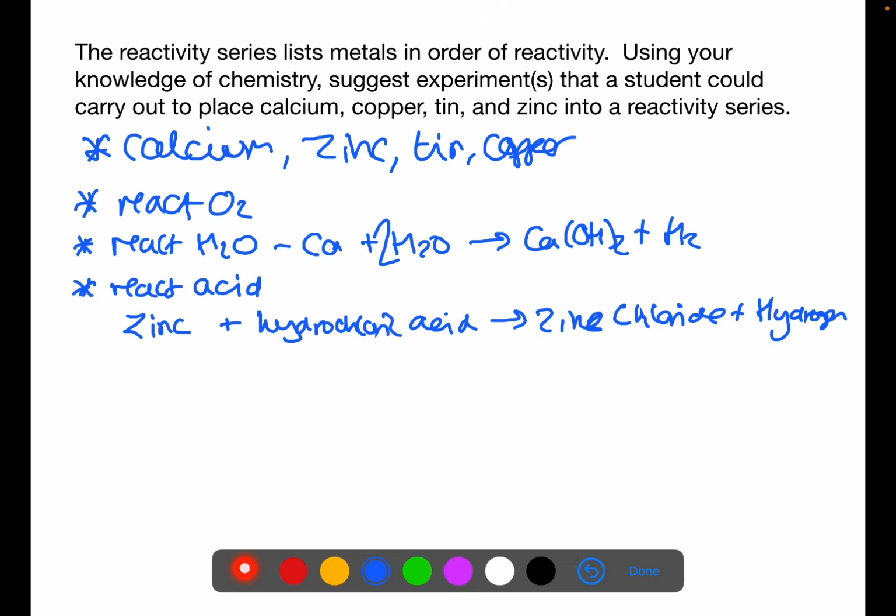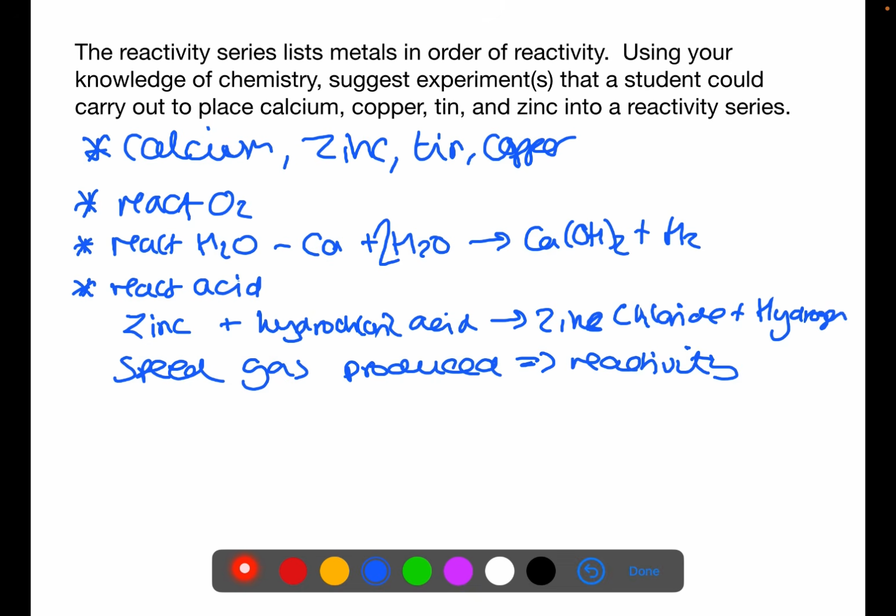You could talk about how when you react things with acid, the speed of the gas produced would indicate the reactivity. So for that, you could also show how you might measure that.